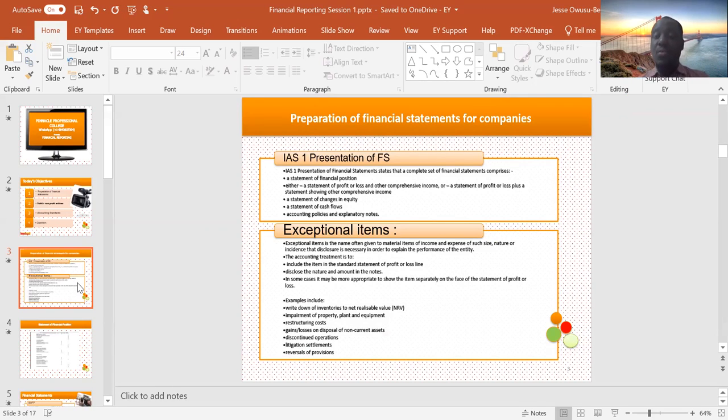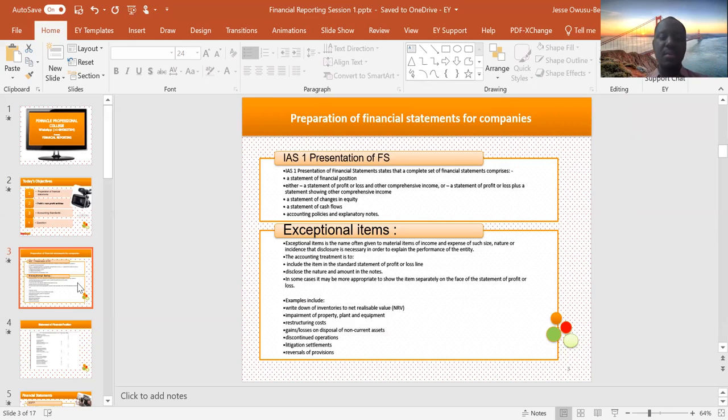In some cases, for distinctive purposes, it may be appropriate to show the item separately on the face of the statement of profit or loss. You show it separately to make it more distinct. You want it to be clear so that the users of the financial statements can actually see it and locate it, and you need to make it as explanatory as possible.